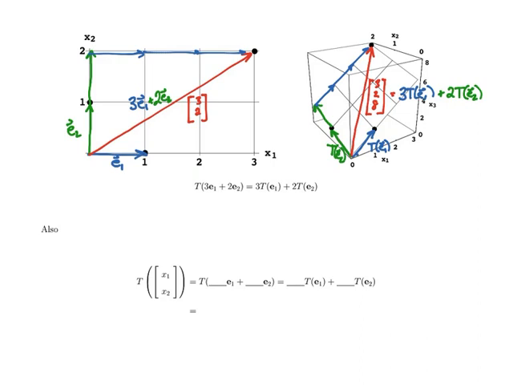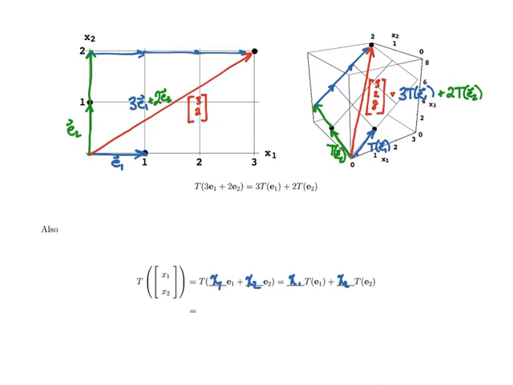So let's think about, in general, a vector x1, x2. Here we have T of x1 E1 plus x2 E2 is going to be equal to x1 T of E1 plus x2 T of E2.